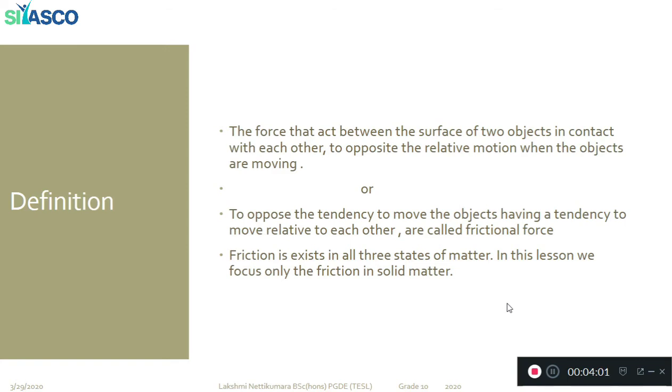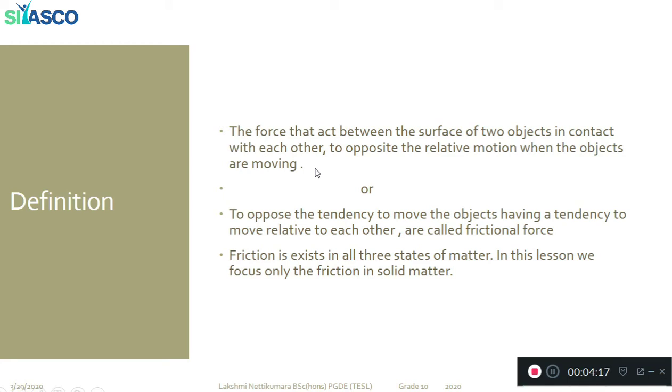Now we can introduce a definition for the friction force. The force that acts between the surfaces of 2 objects in contact with each other to oppose the relative motion when the objects are moving.